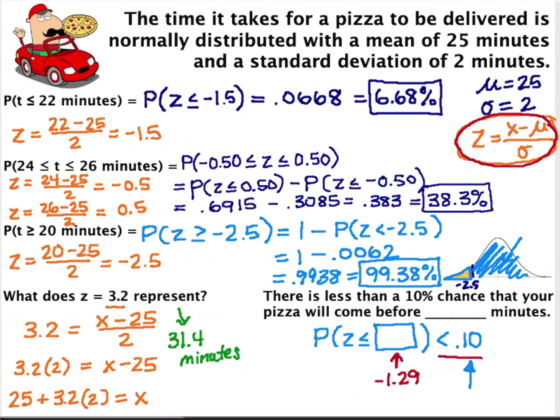I know that the time is going to be shorter than 25 minutes. How much shorter? 1.29 standard deviations shorter. There is less than a 10% chance that that pizza is going to come sooner than 22.42 minutes.